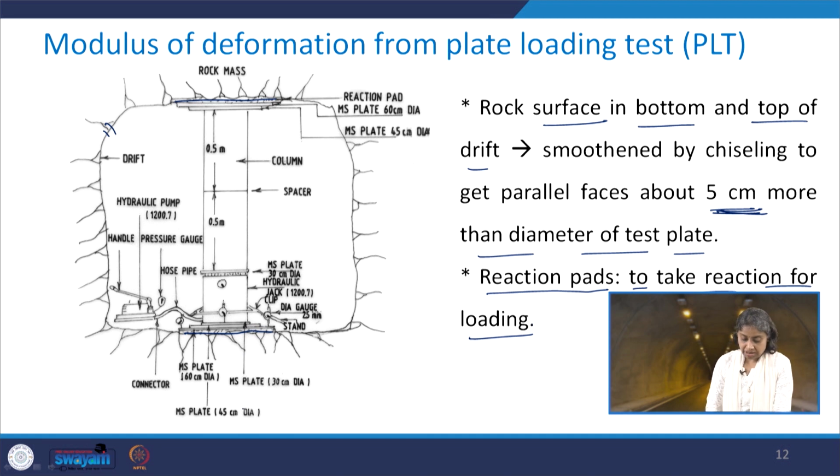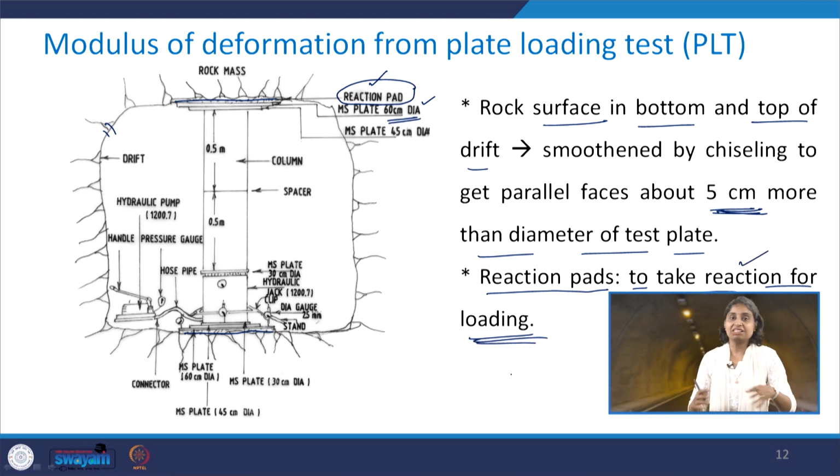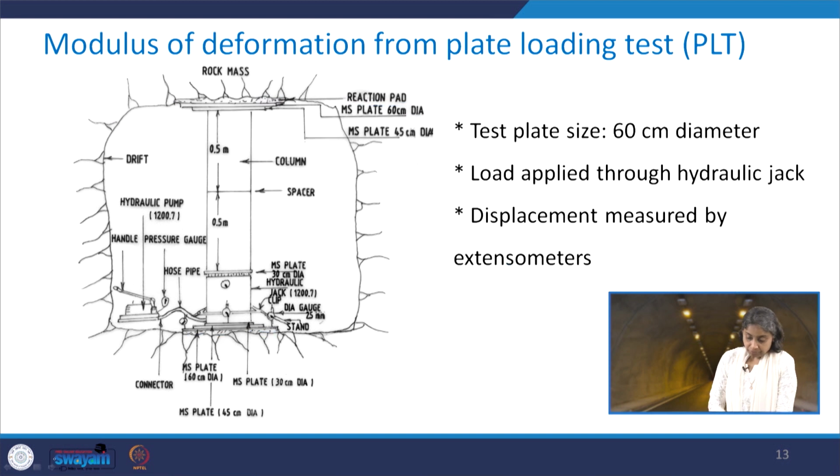So, you see here how the plates are placed, and in between the plate and the rock mass there is a reaction pad. It not only ensures that both are in contact with each other, but also takes the reaction for the loading, because if it is not in contact, how will you get the deformation characteristic of the rock mass surface?